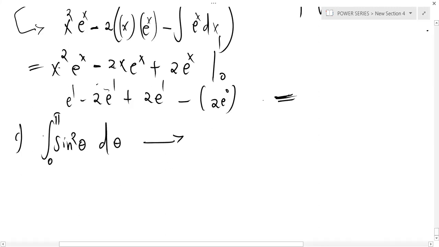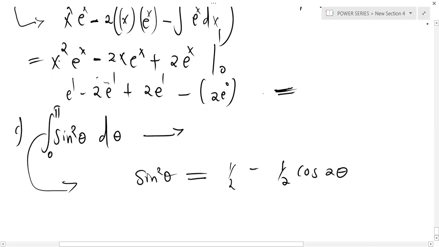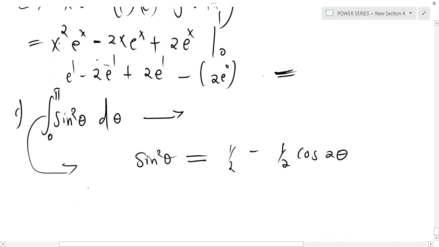If you look at the table, sine squared theta can also be written as a half minus a half cos 2 theta. So this is the replacement that you needed to do. You'll write the integral from 0 to pi of a half minus a half cos 2 theta d theta. You see, it turns into something that we can easily integrate.